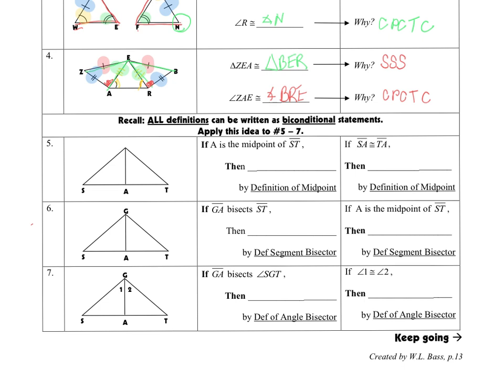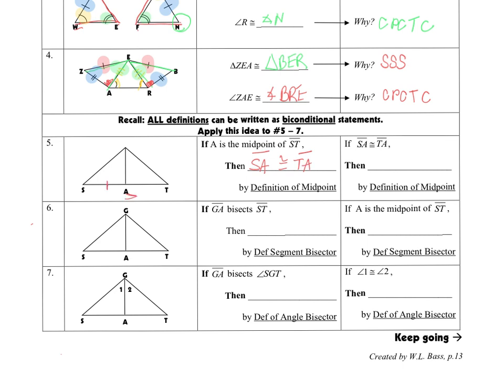So if we look at the first thing here, A is the midpoint of segment ST. If we are told that A is the midpoint of segment ST, then what we would know is that segment SA would be congruent to segment TA. So if A is the midpoint, then this would have to be congruent to this. And the reason would be the definition of a midpoint.